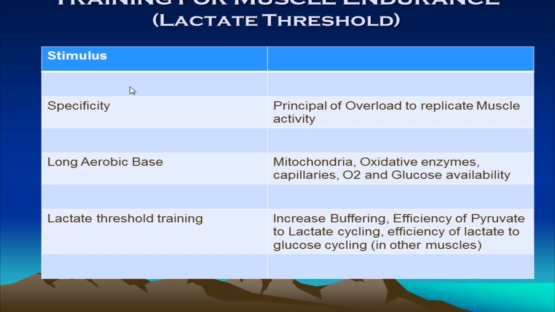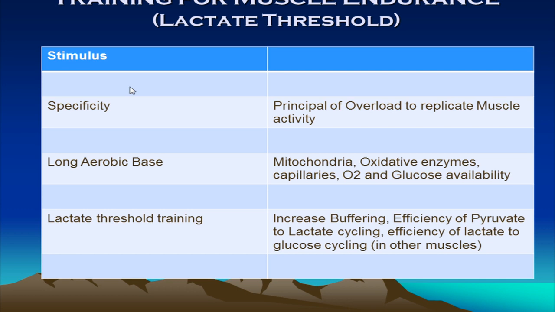So, putting it together, train with specificity. If you want to be an Olympic rower, spending all your time on a bike isn't going to help you. So specificity is one. The long aerobic base means doing the mileage, putting the hours in, building the aerobic base.